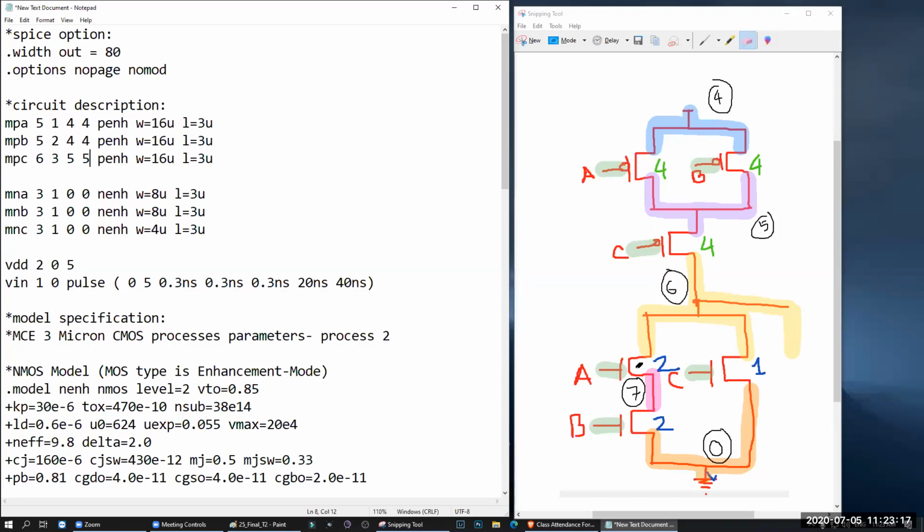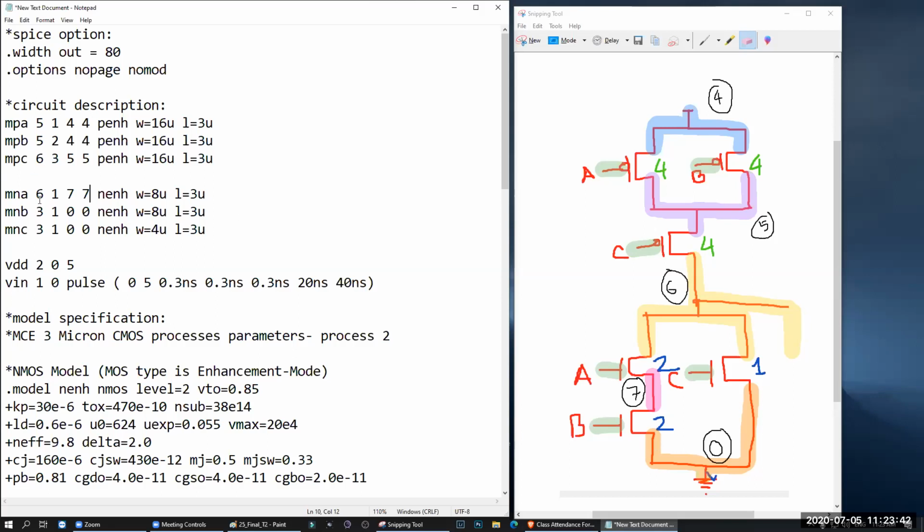Now next, come to the next one. Drain, gate, source, body. Drain is upper. That means 6, 1, 7, 7. B: drain, gate, source, body. Drain is 7, gate is 2, source 0, body 0.